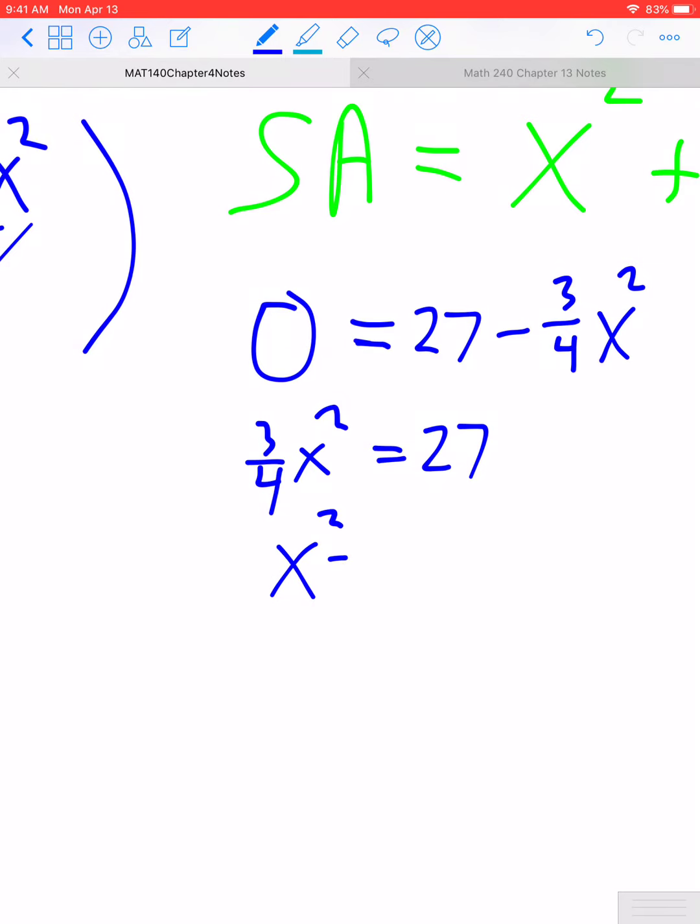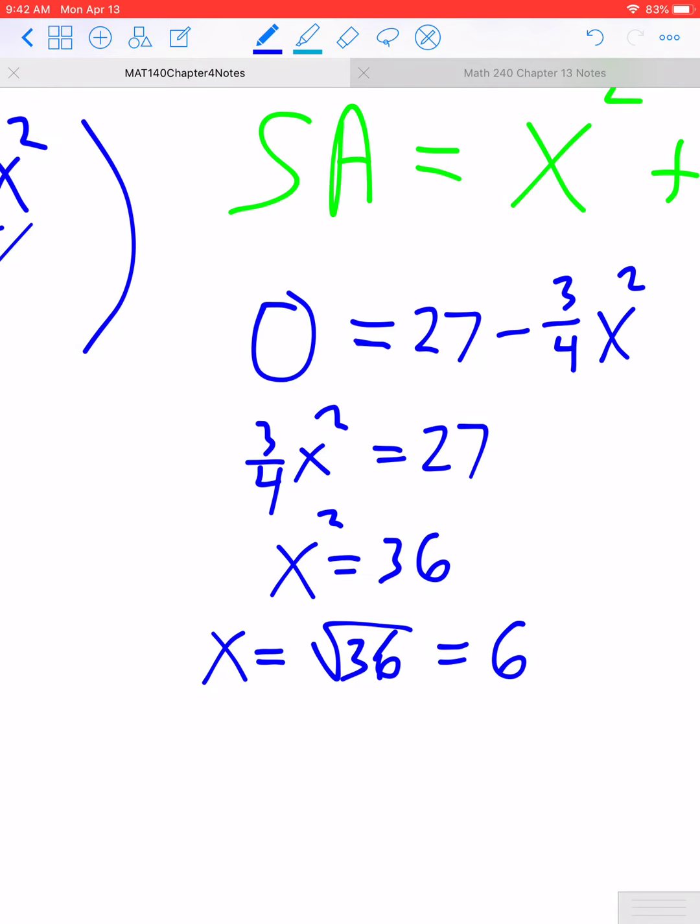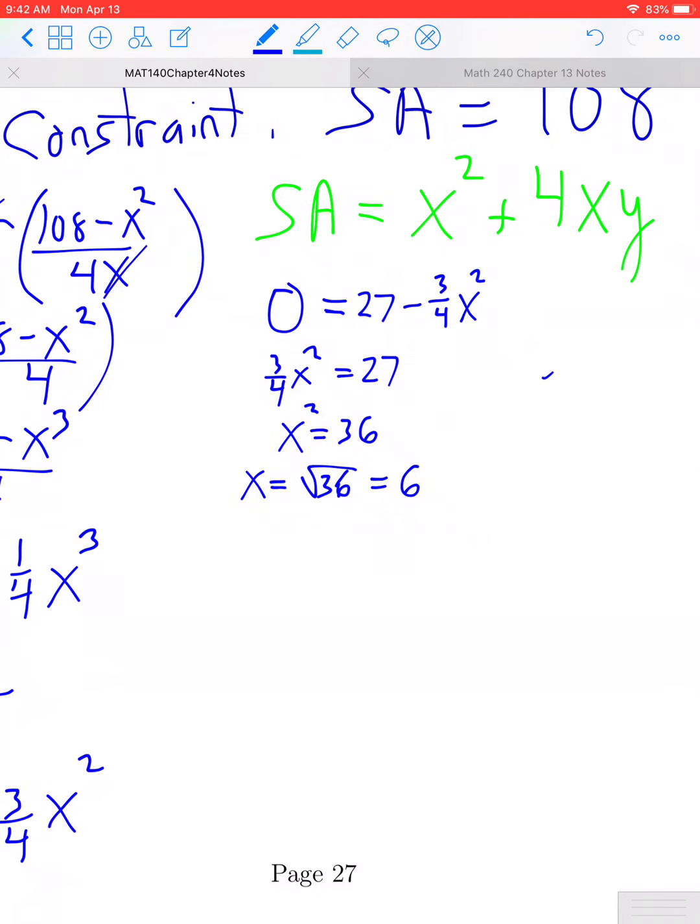That'll give us x squared equals 27 times 4/3. It's going to be 36. And then we can solve for x by taking the square root of both sides. Whenever you take a square root of a real number, we should get two solutions, plus and minus. However, because x physically represents the side of a box, we need the positive root. So we would get a value of x equals 6.